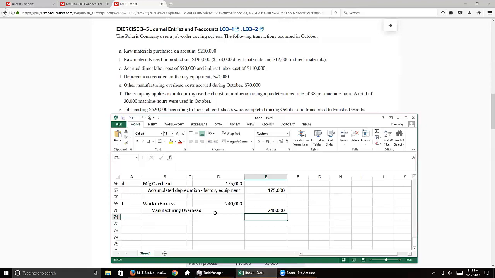So that's something we don't emphasize quite as much in the early parts of Chapter 3 and back in Chapter 2, is where that applied overhead goes. But here we want to make the point that I'm applying that overhead to work in process. It's to these jobs that are being worked on throughout the period.